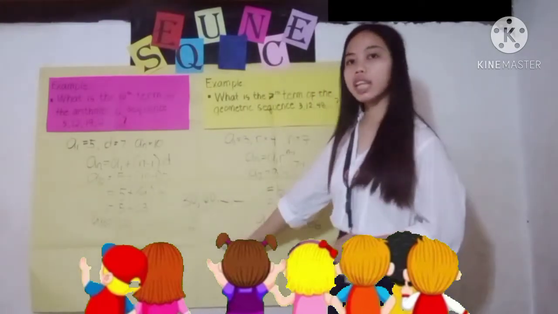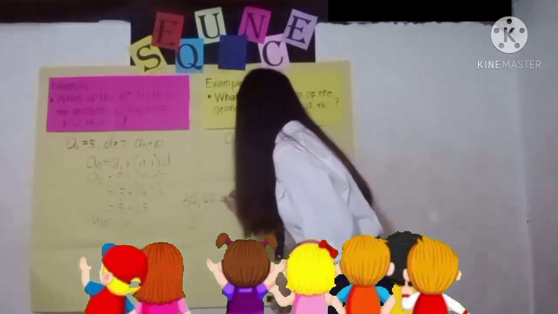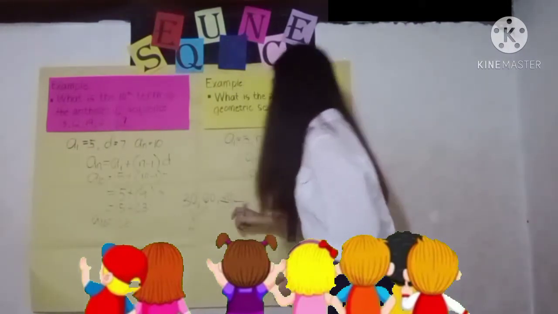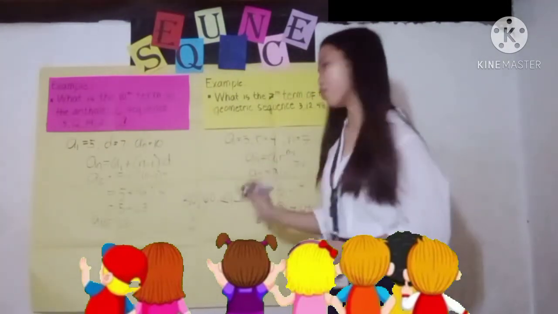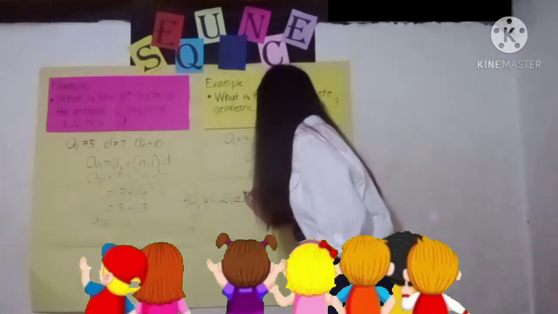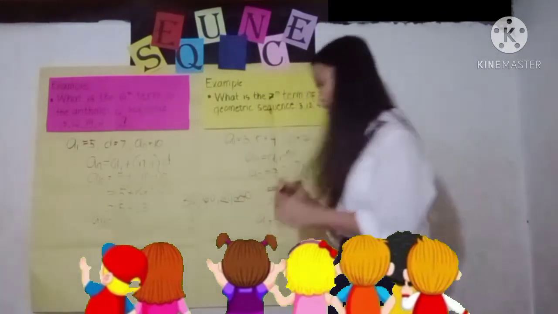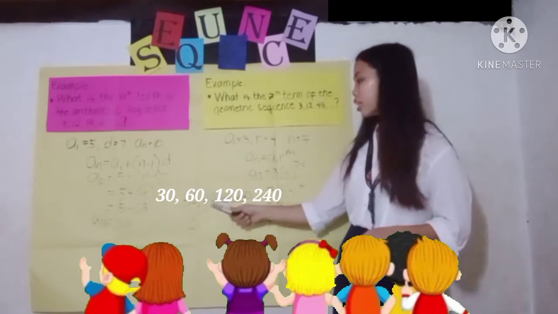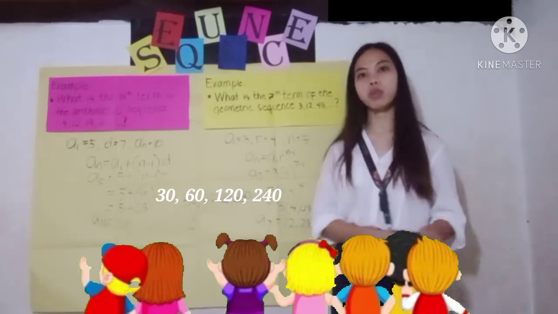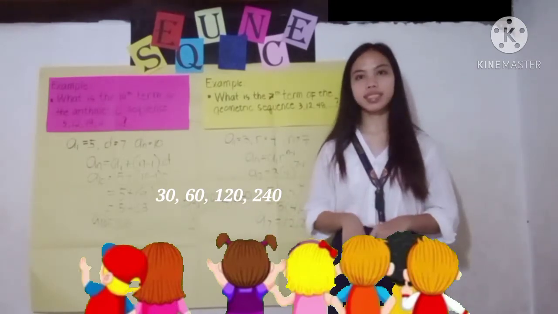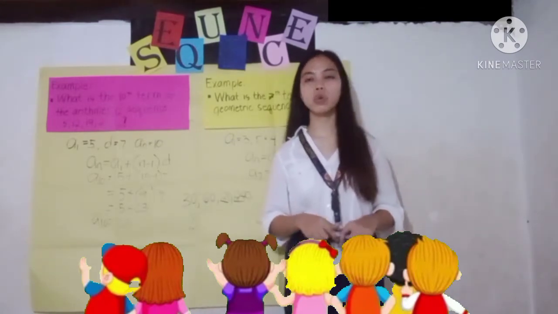So 60 times 2 is 120, and 120 times 2 is 240. So these are our third term and fourth term of the geometric sequence. Now, I have a question.